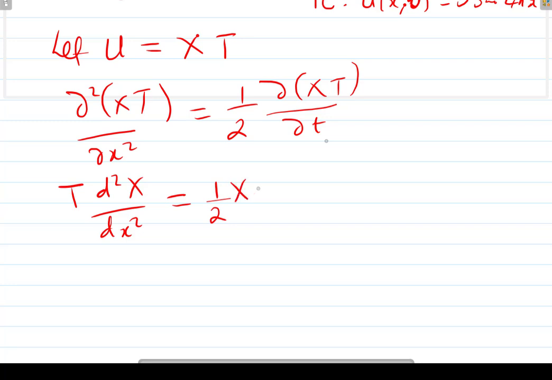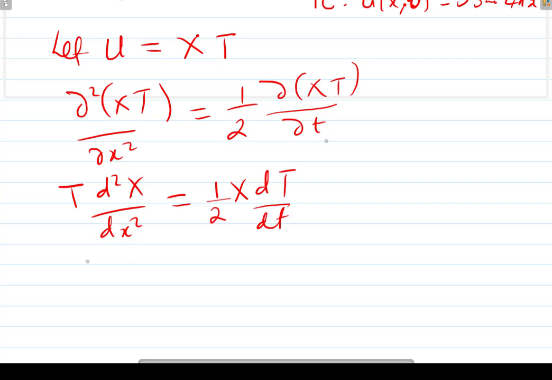You have x dt, like this. Okay. After doing this, then you can now separate variables by just dividing throughout by xt.